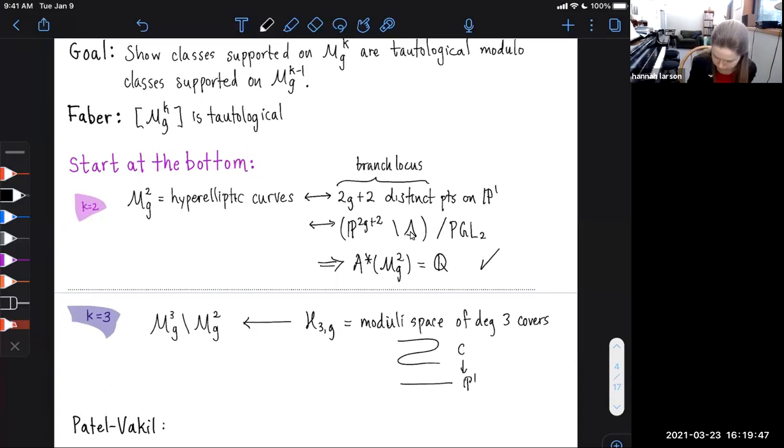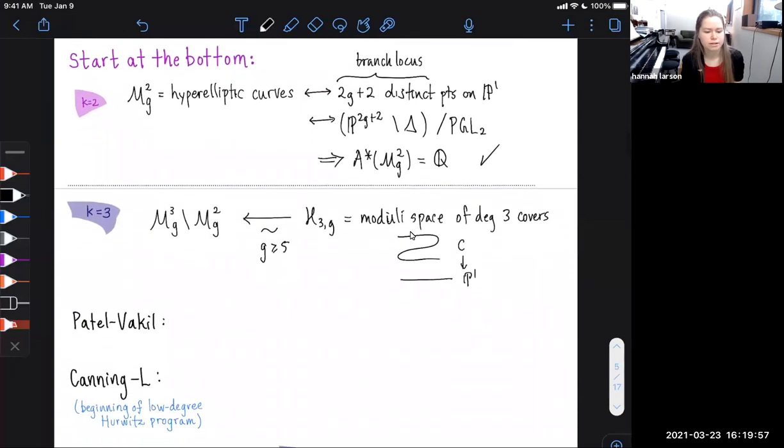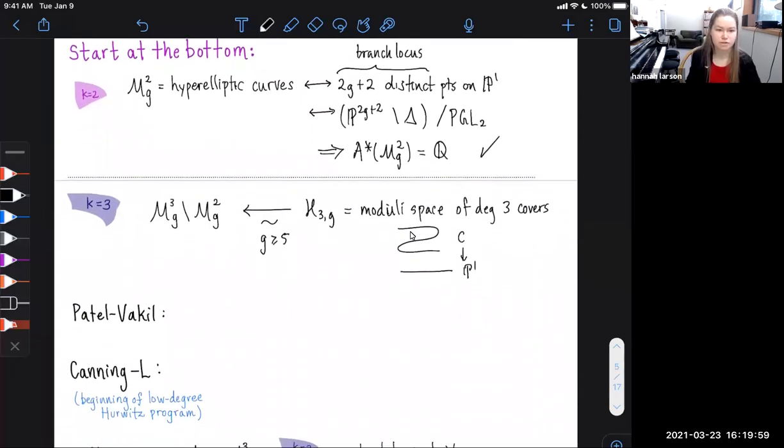And this map is actually an isomorphism when the genus is at least 5. And there's work of Patel and Vakil, which says that the Chow ring of H_{3,g} is generated by the pullback of kappa 1. And this is for g at least 4.